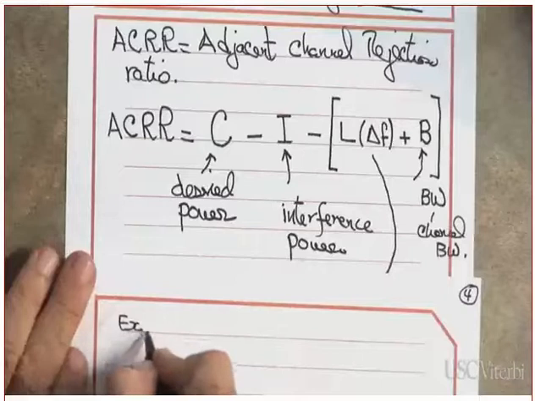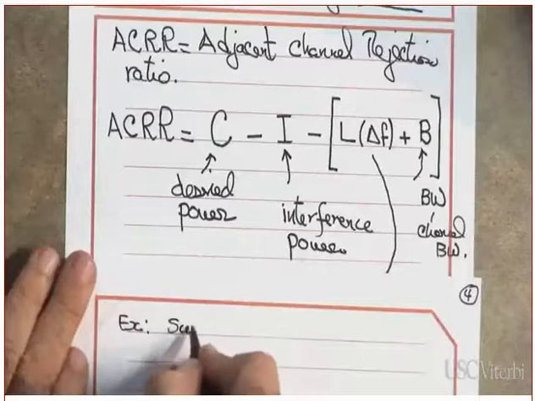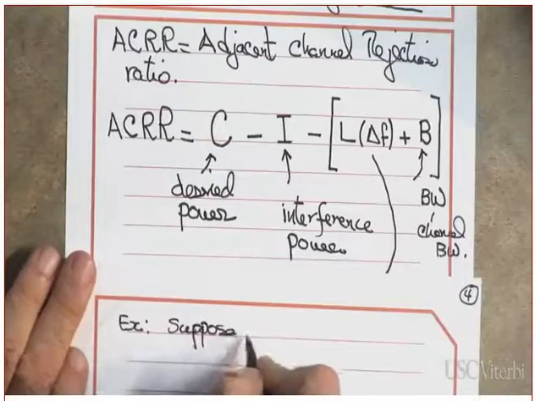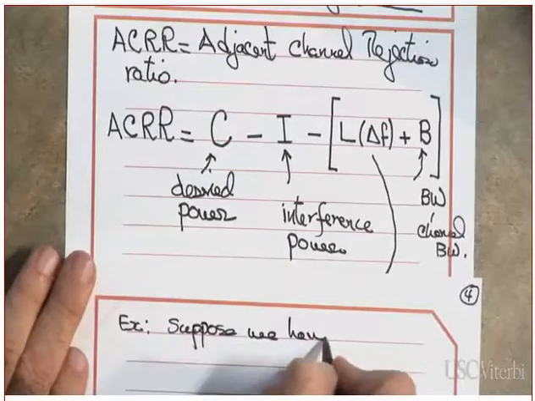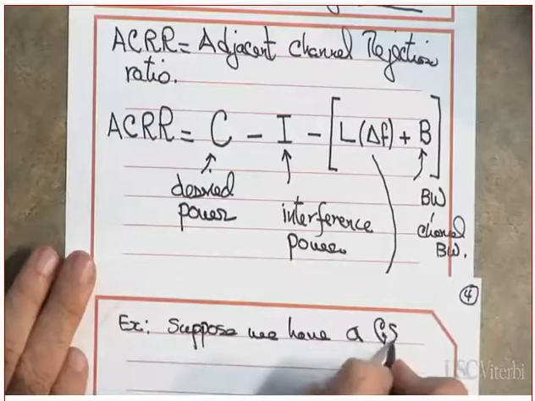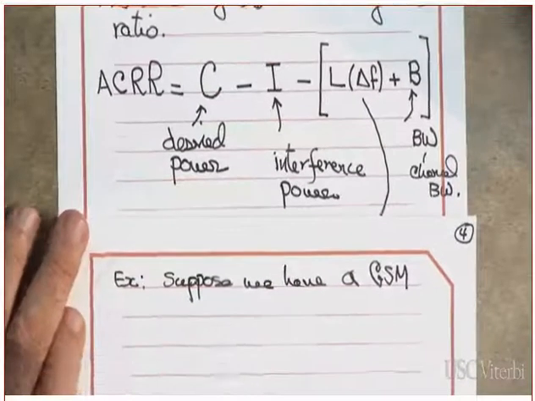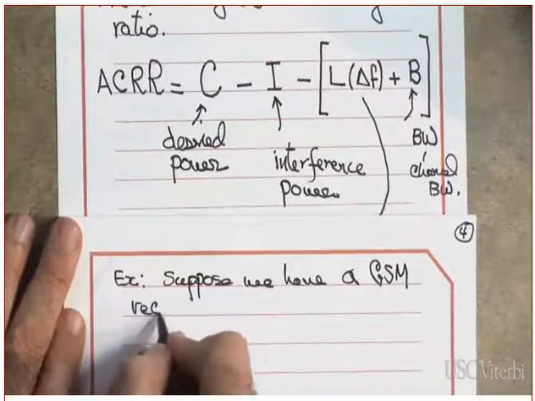Example. Suppose we have a GSM receiver operating at 900 megahertz. GSM stands for the Global System for Mobile Communication.